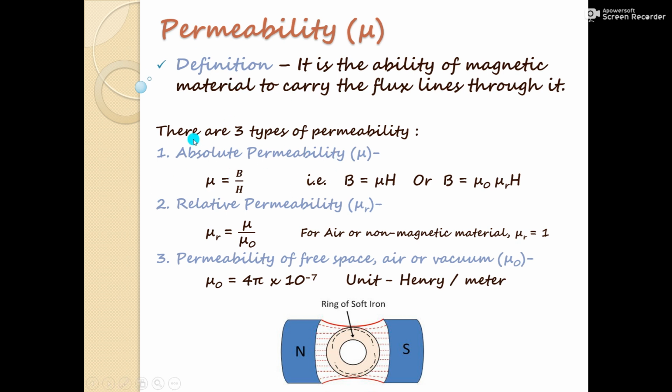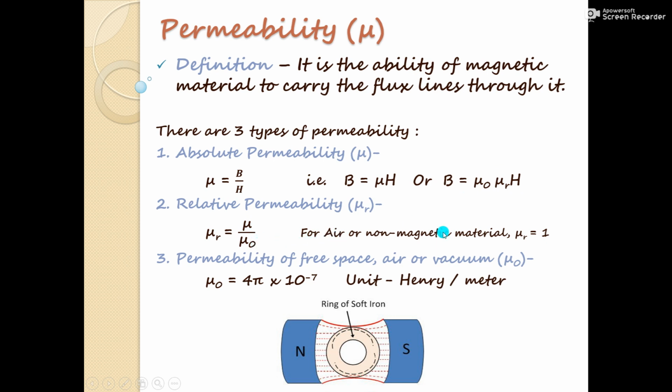Let us see first absolute permeability, which we are denoting by mu. So that is equal to magnetic flux density upon magnetic field strength. So we can write B is equal to mu H, or B is equal to mu 0 mu R H. Relative permeability is equal to mu upon mu 0.